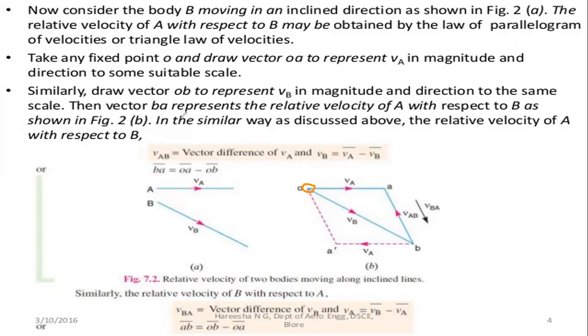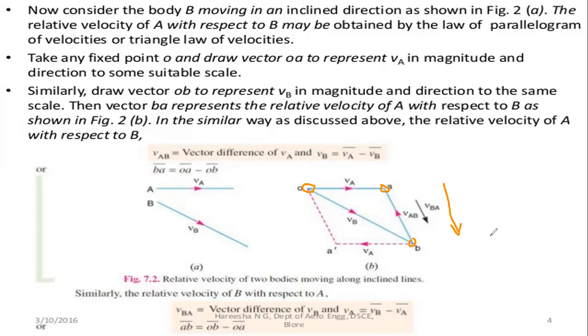Then vector BA represents the relative velocity of A with respect to B. So the vector BA, that is the two points, this represents the relative velocity of A with respect to B, as shown in the figure.